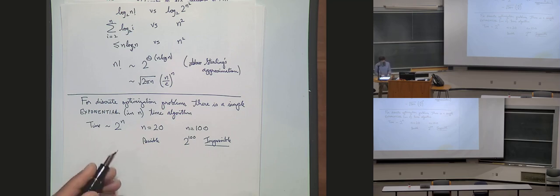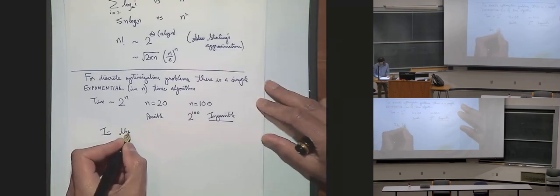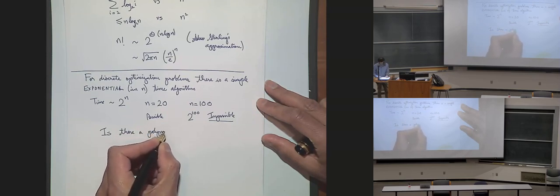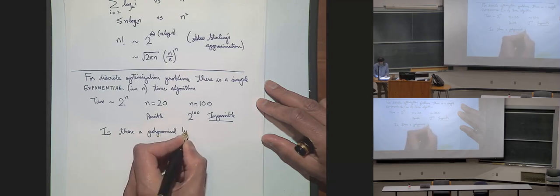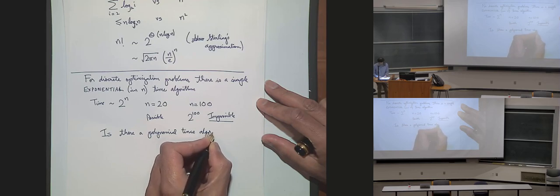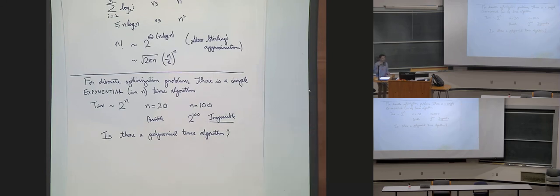And so one of the questions is: is there a polynomial time algorithm? And the methods that we're going to talk about in maybe the next half of the course are all about methods to do that.